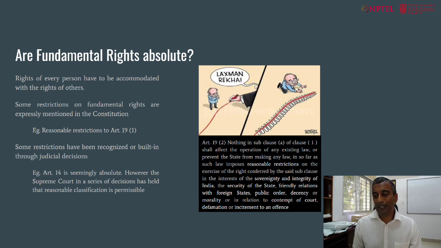And if you look at the small cartoon picture on your right, and you recognize the context in which these issues have arisen around the contempt of court, recent controversies on the contempt of court. Article 19 Clause 2 clearly provides for reasonable restrictions on the exercise of the free speech right in relation to contempt of court.